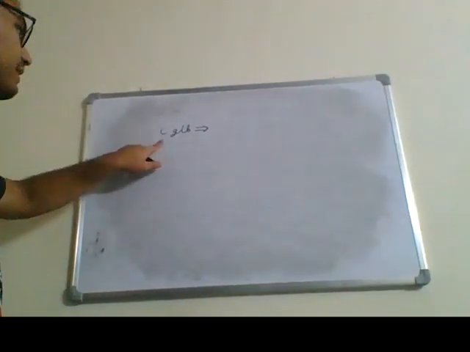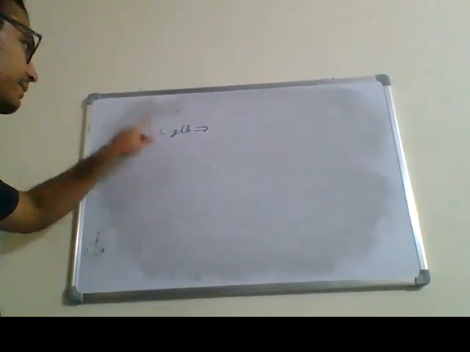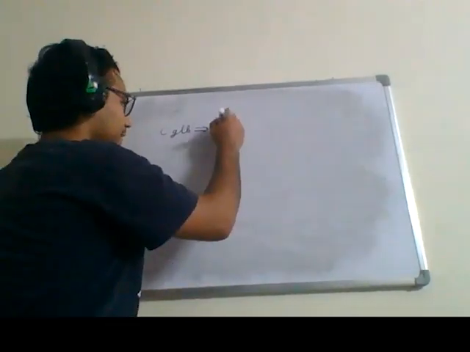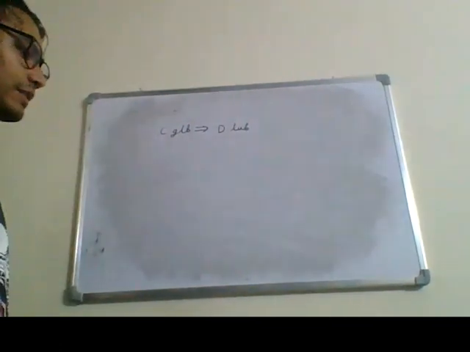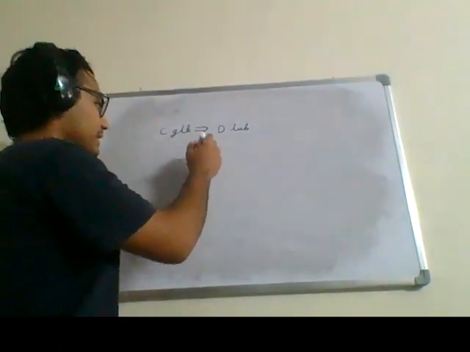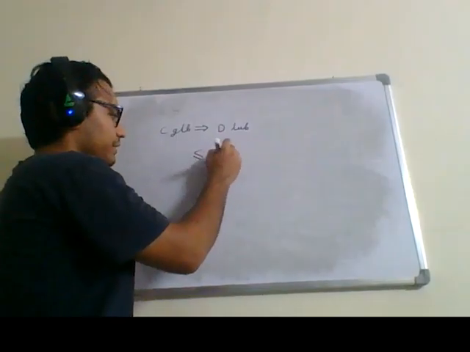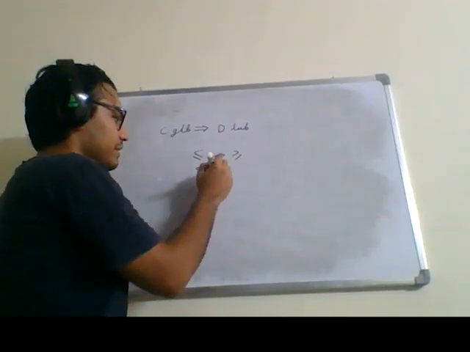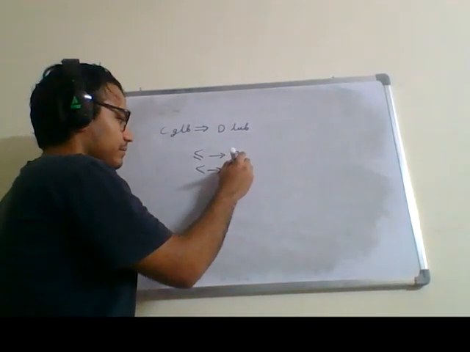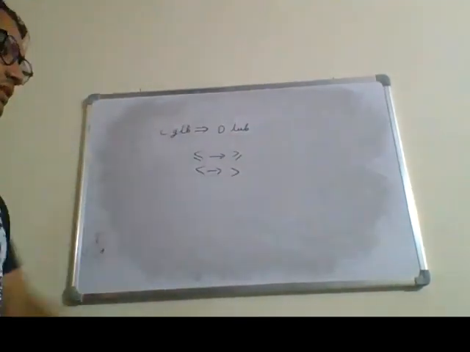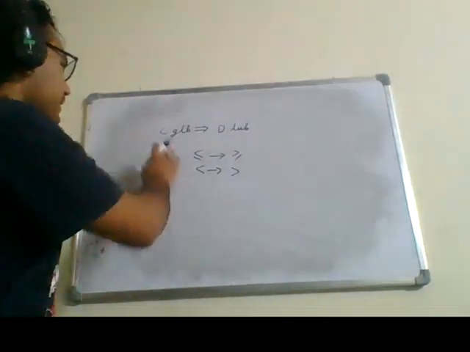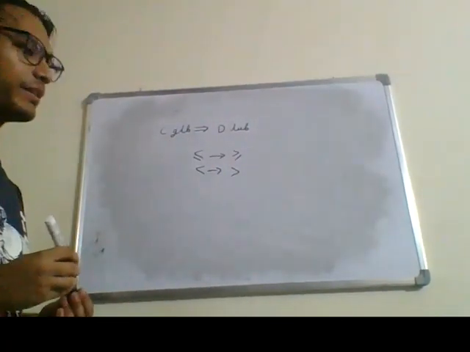If C has the GLB, then D will have the LUB because every single sign is flipped. Essentially all lower bounds will turn to all upper bounds, and this turns to that. So you can verify that C being a GLB implies D is an LUB.